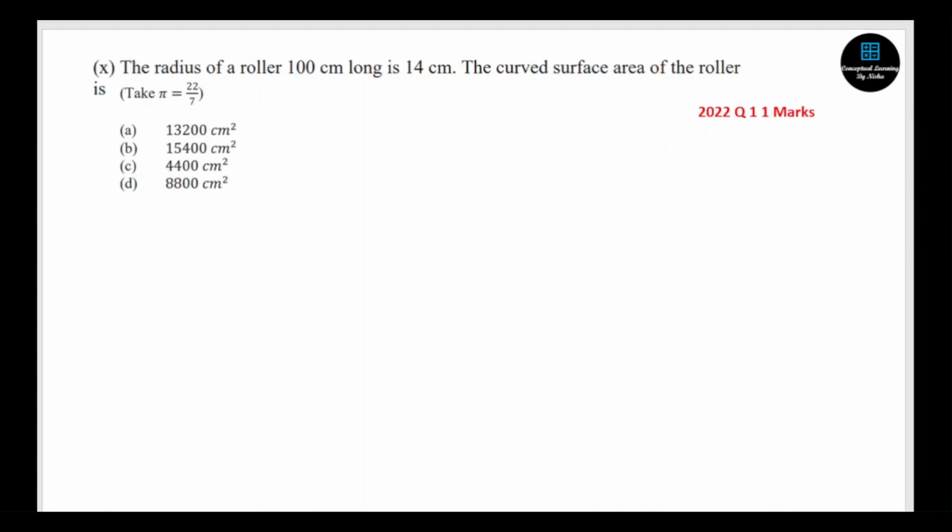Alright. Now the radius of the roller is given. Now remember, a roller is nothing but a cylindrical shape. Okay. So r is given. Curved surface area, you have to find. Pi is given. So r is equal to 100 centimeter, right? The length is nothing but the height here for the cylinder, which is 14 centimeter.